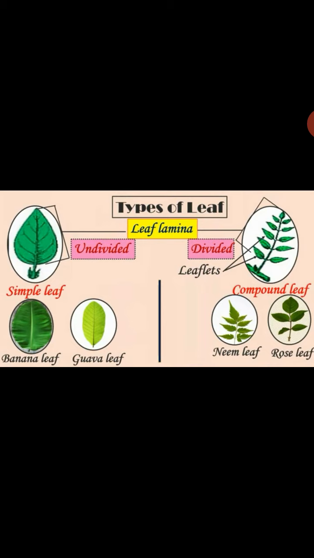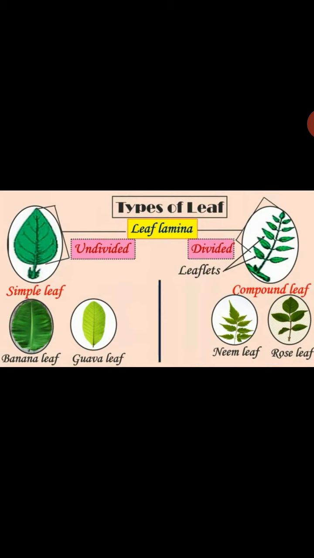Whereas in a compound leaf, the leaf lamina is divided into many small separate leaves, right? Called leaflets. These small leaflets make up a whole leaf, as you can see in the picture. There is a division of many small leaflets, right?